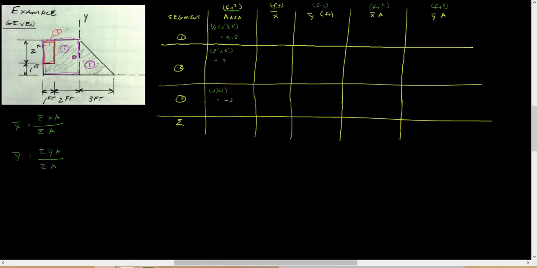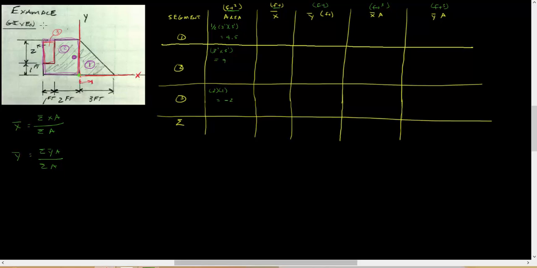Now my distance, so my X bar, and now you notice where the axis is. We're actually coming from right here. So looking at this axis, I'm highlighting it in red there. Here's my X. I need to go from here to here.